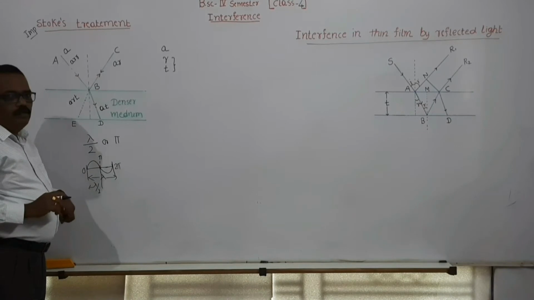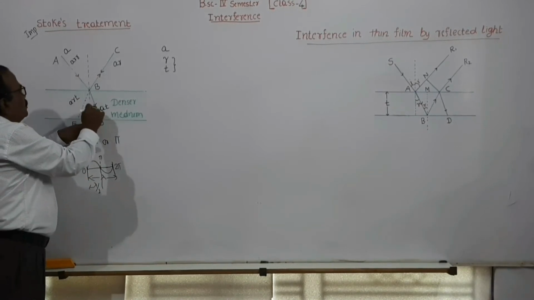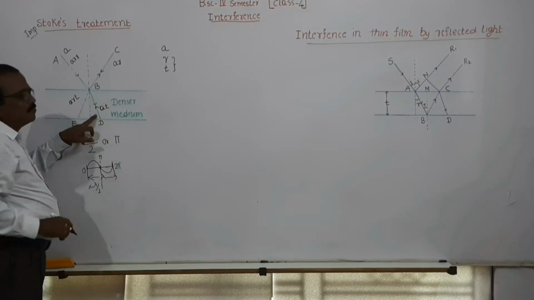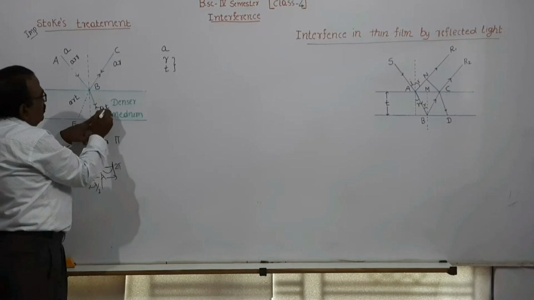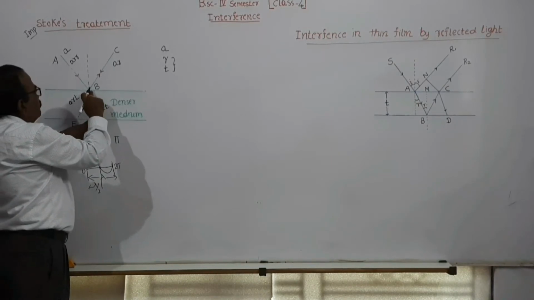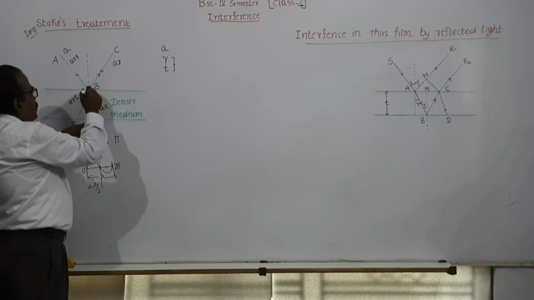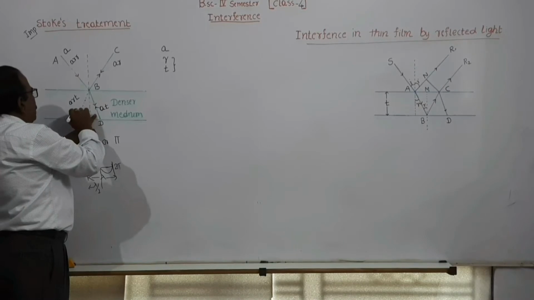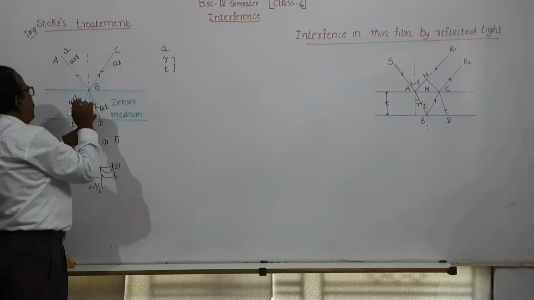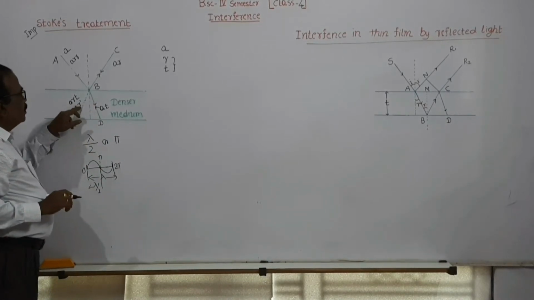Similarly, if this BD gets reversed, the amount of light falling here is AT, and some part is reflected here. So the amount of light reflected is AT R dash. What is R dash?